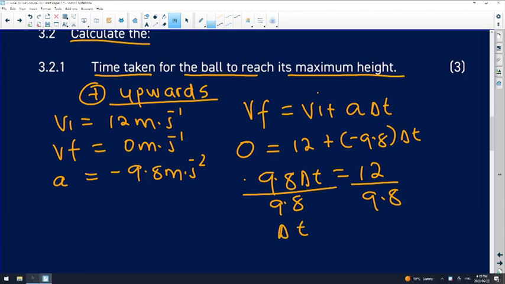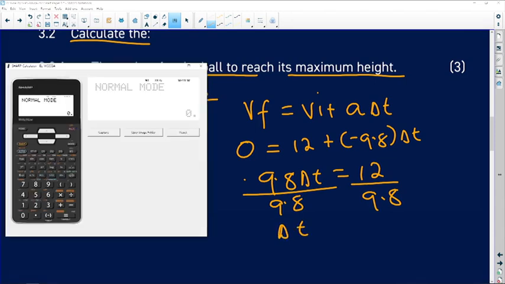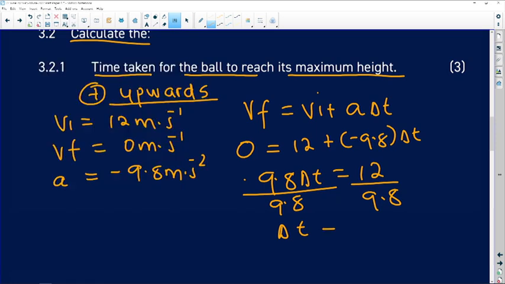We go to our calculator: 12 divided by 9.8. We are getting 1.22, so our time is 1.22. Don't forget that we measure time using seconds.